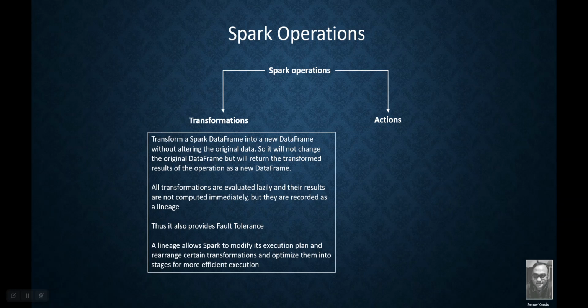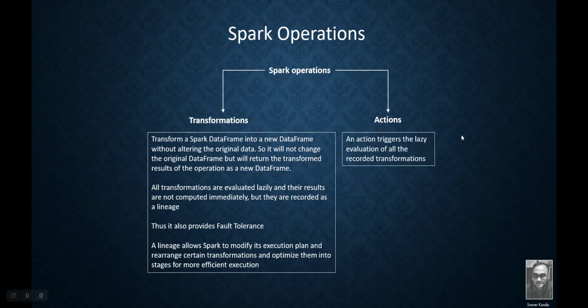It can do this because nothing gets executed until the action is called. Spark has the facility of changing the execution plan based on whatever transformations you keep adding, and in this way it helps to run in an optimized manner.